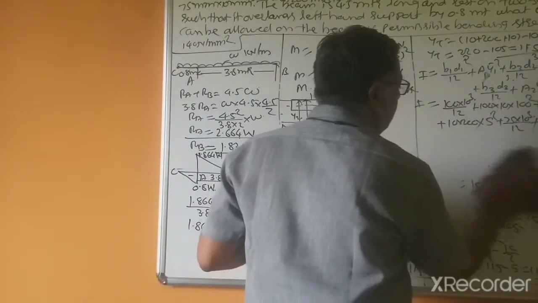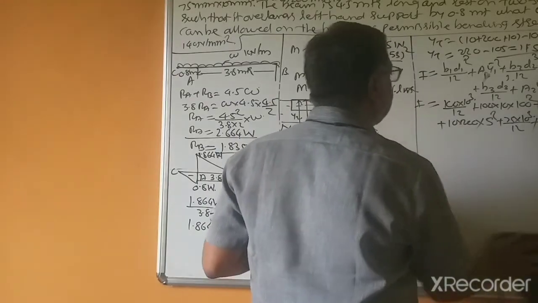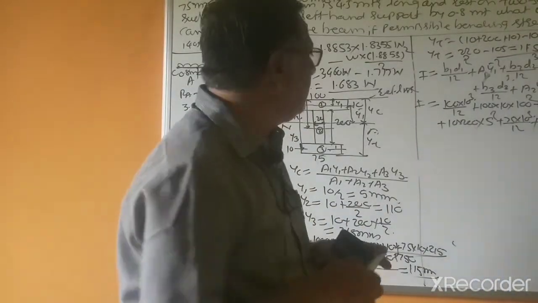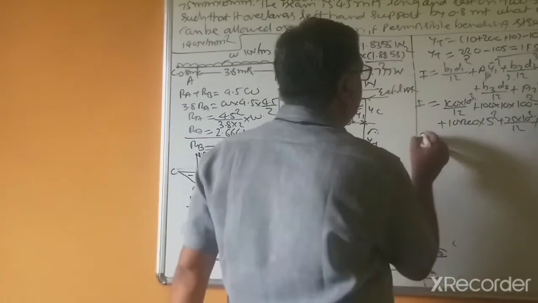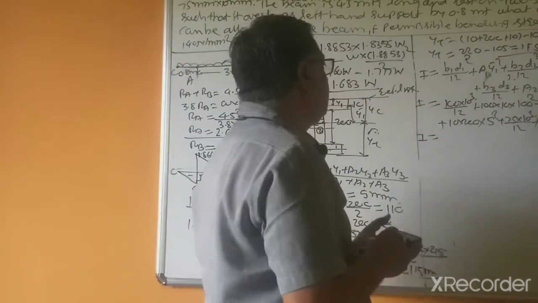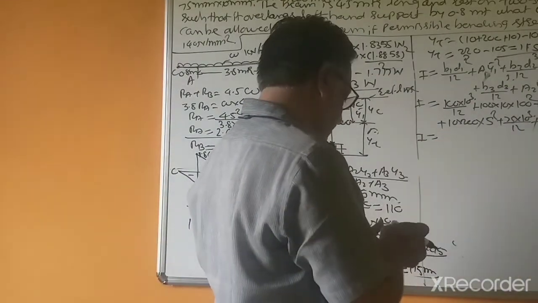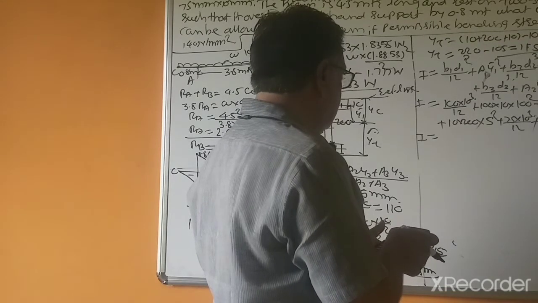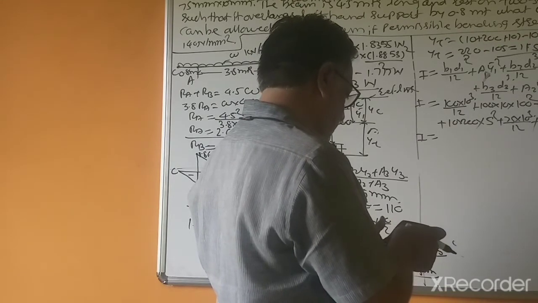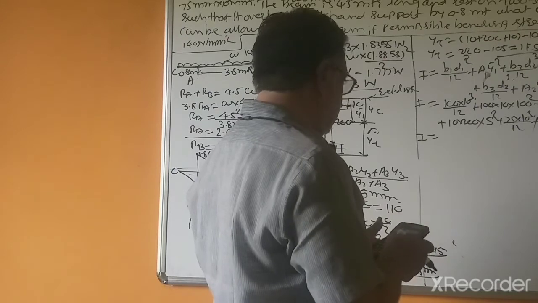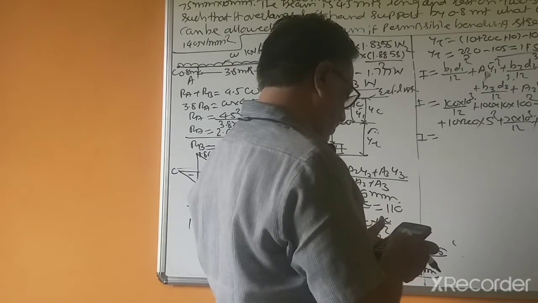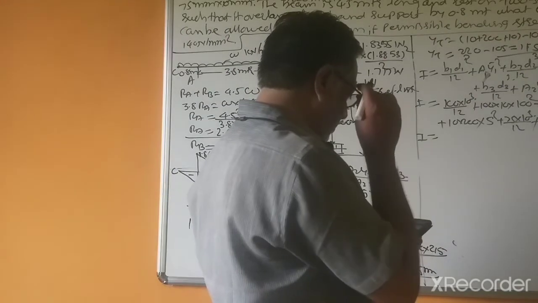Now calculate the moment of inertia. So we'll take common 10 to the power... first calculate 100 into 10 to the power 3 divided by 12. So this is 8.333.